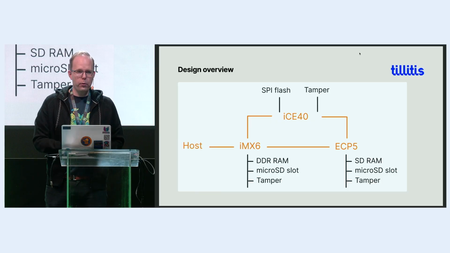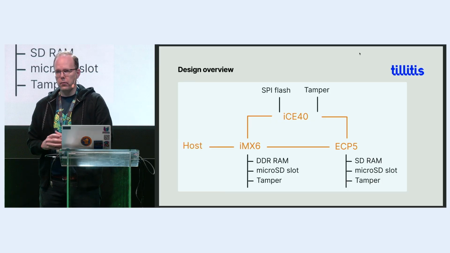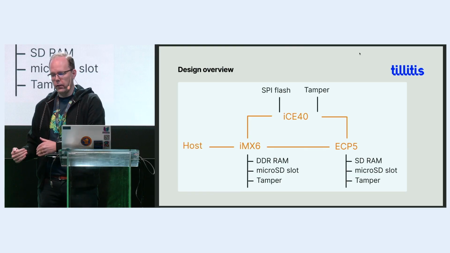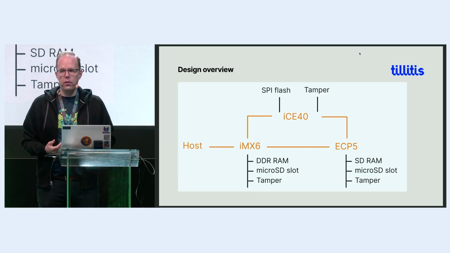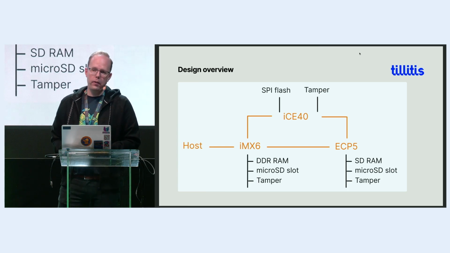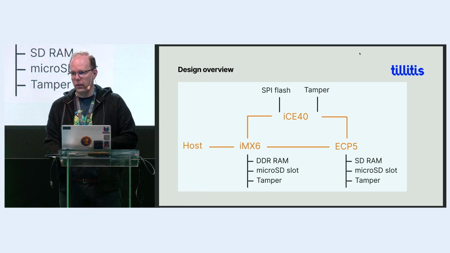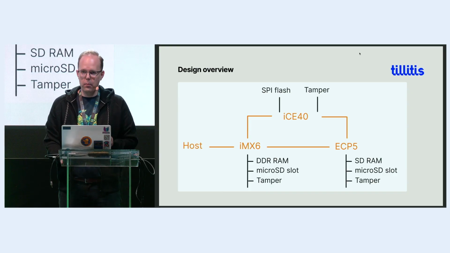So the IMX6 sends a bit stream to the ICE40. The ICE40 configures the ECP5, and thus you can have not only measured boot, but also measured hardware, which is fun. And the idea is then that you have the cryptographic key material in the ECP5.